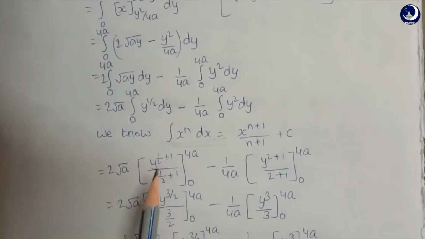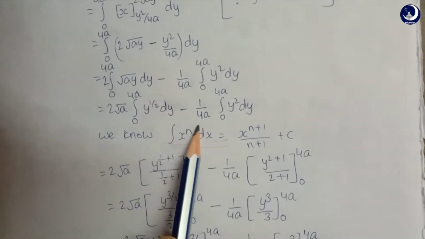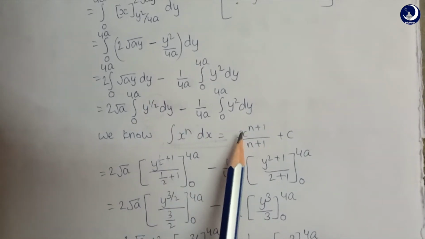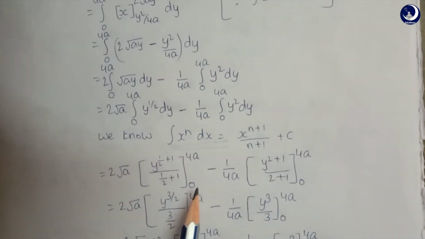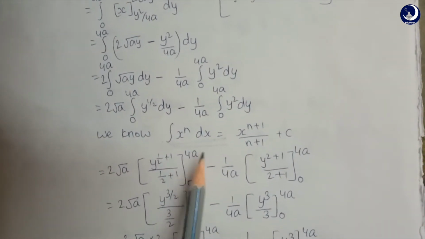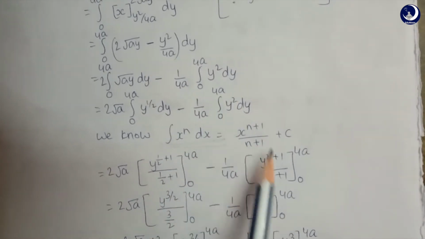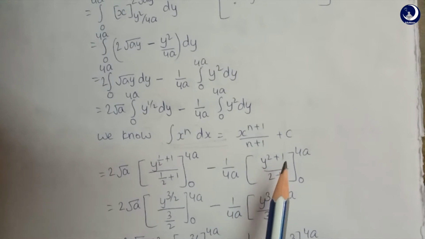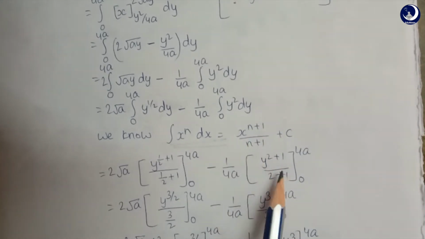2 root a into, so for this n equal to 1 by 2. That's why we took y power 1 by 2 plus 1 by 1 by 2 plus 1, between upper limit and lower limits 0 to 4a, minus 1 by 4a into, here n is 2, that's why we took y power 2 plus 1 by 2 plus 1, by required limits 0 to 4a.